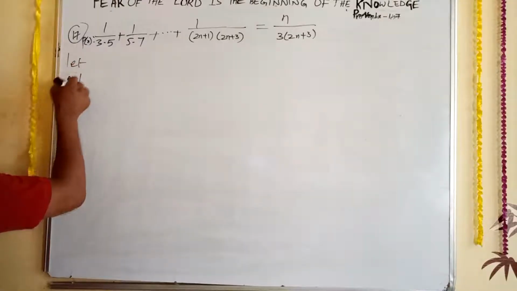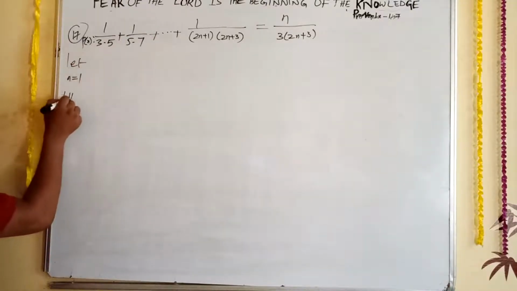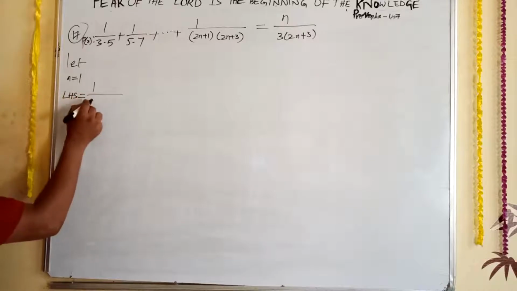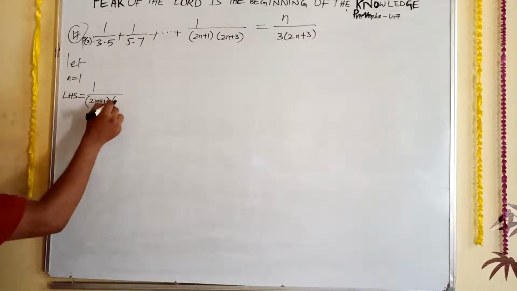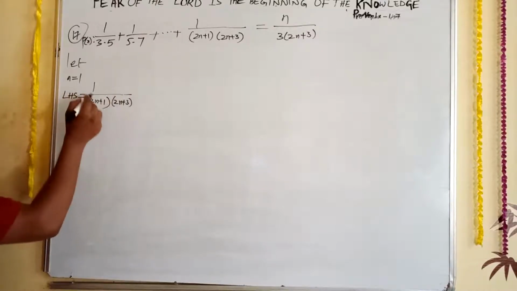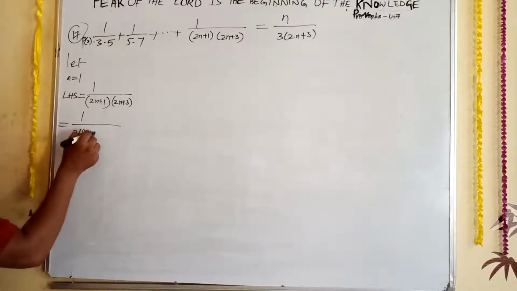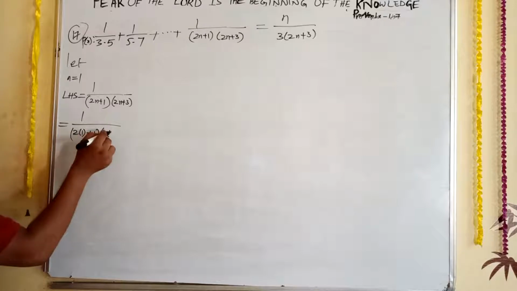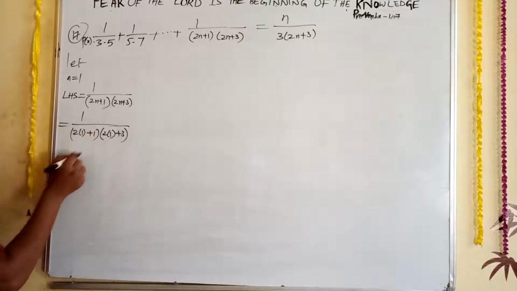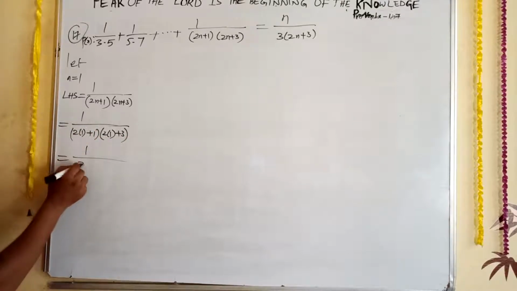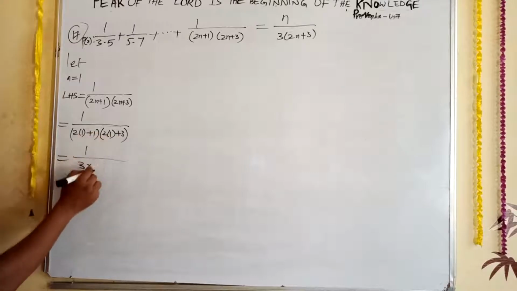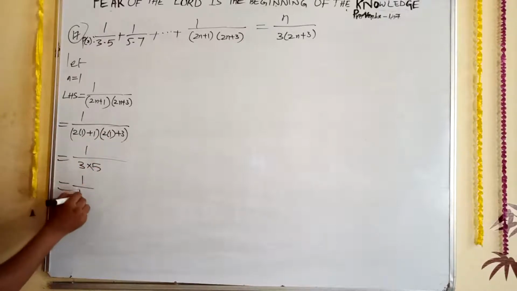If n is equal to 1, then LHS is equal to 1 upon 2n plus 1 into 2n plus 3. Wherever n is there, substitute: 1 upon 2 into 1 plus 1, 2 into 1 plus 3. Now 1 upon 3 into 5, so 1 upon 15.